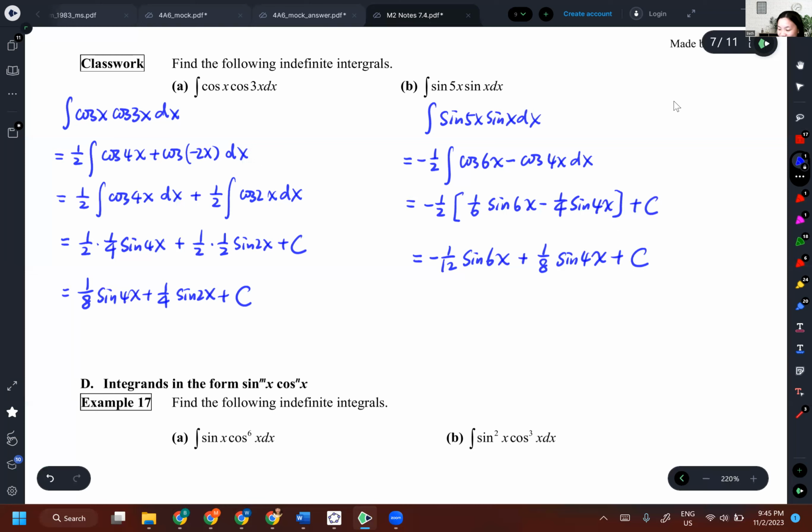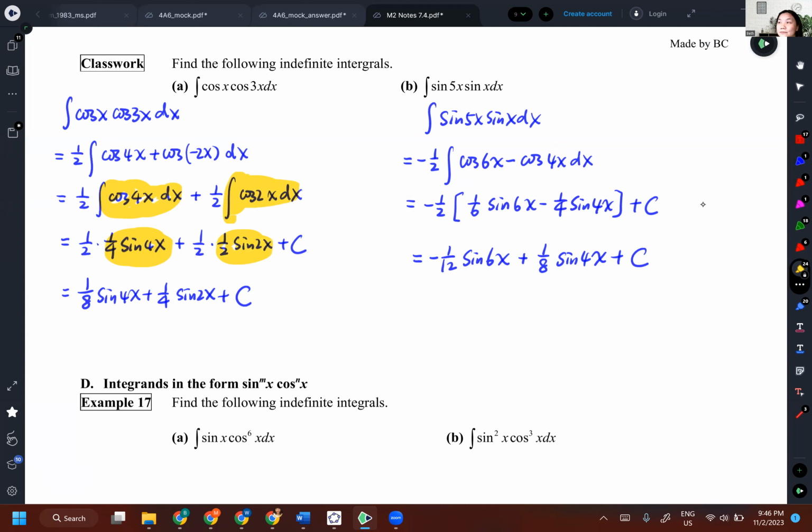Okay. Most done. Because you're reminded to use the product to sum, I don't think you can screw up. Now here I use less steps. You can see I didn't even show my step of substitution. I just immediately get the answer. That's fine. With these ones, I think it's okay.